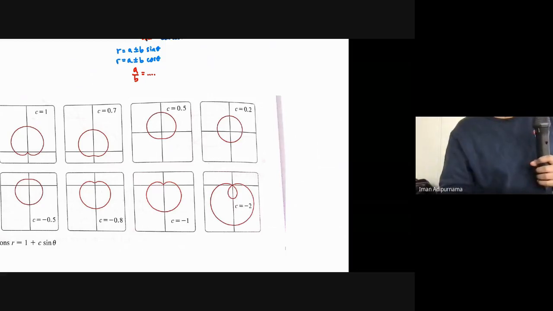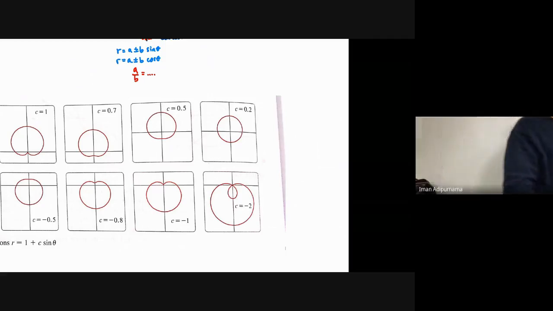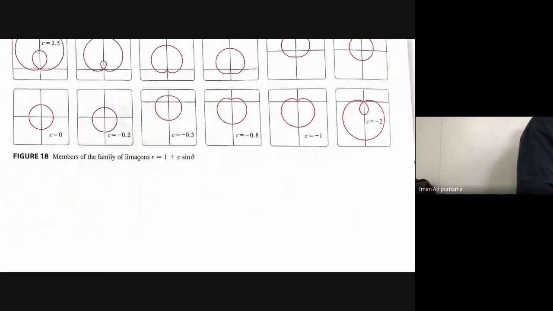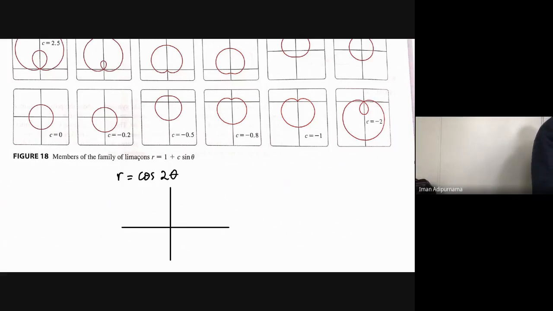Another thing is, if you have r equals cosine 2 theta. Okay, now r equals cosine 2 theta, what will happen? Let me draw the two lines to help drawing.